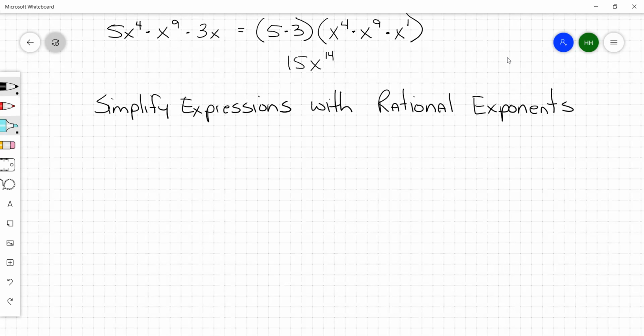That means you're going to be dealing with exponents that are fractions. Okay? You're going to be dealing with exponents that are fractions.